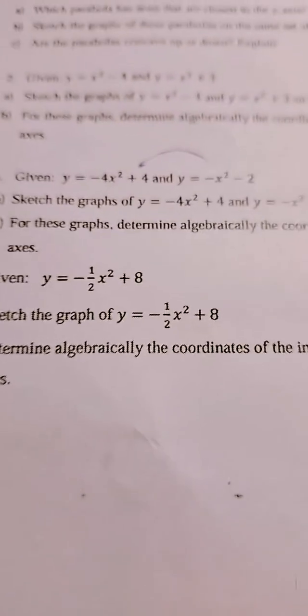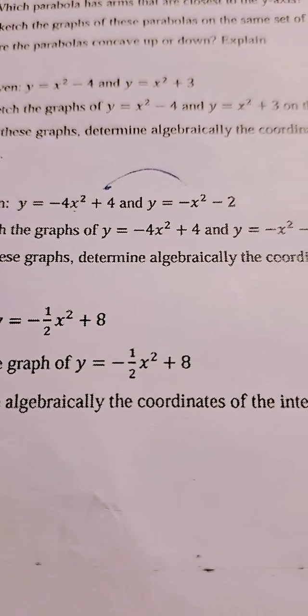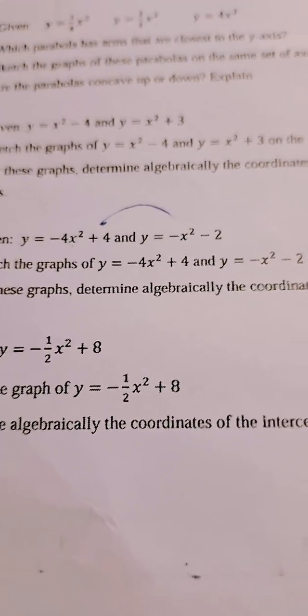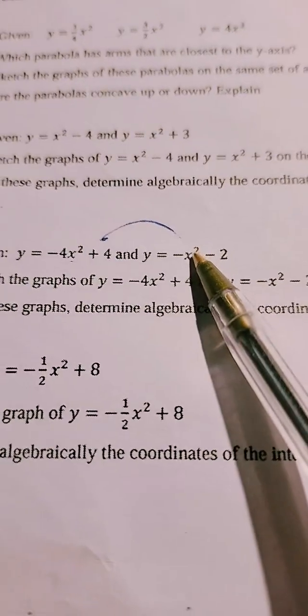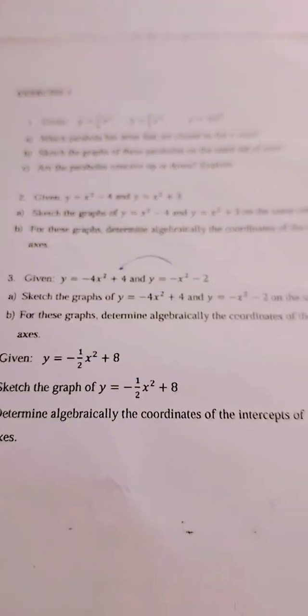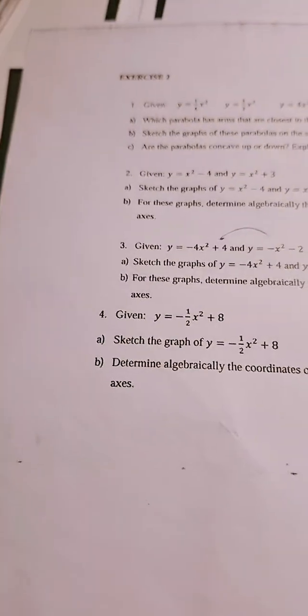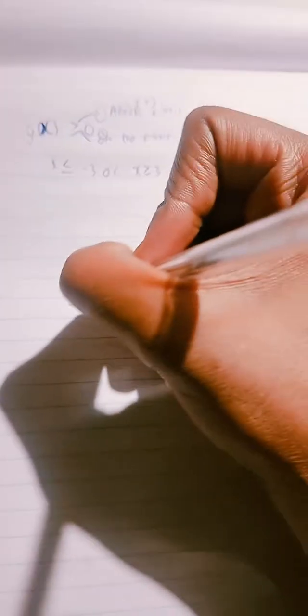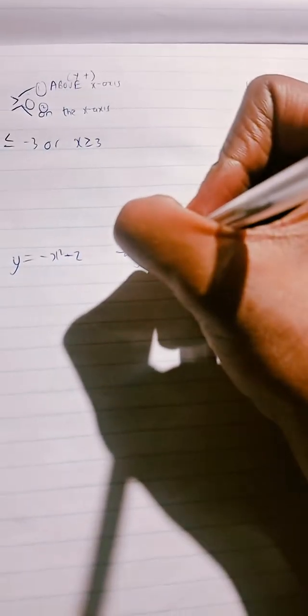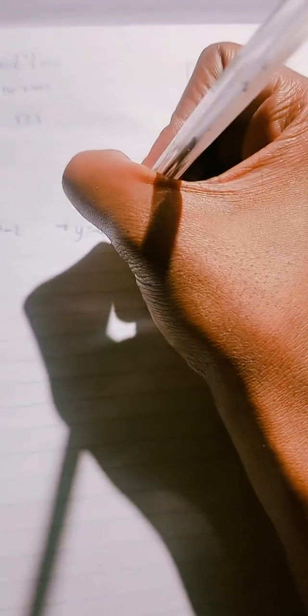Vertically stretched by a factor of 2 now, from here to there, because the words need to make sense. Y is equal to -x squared minus 2 to y is equal to 4x squared plus 4.